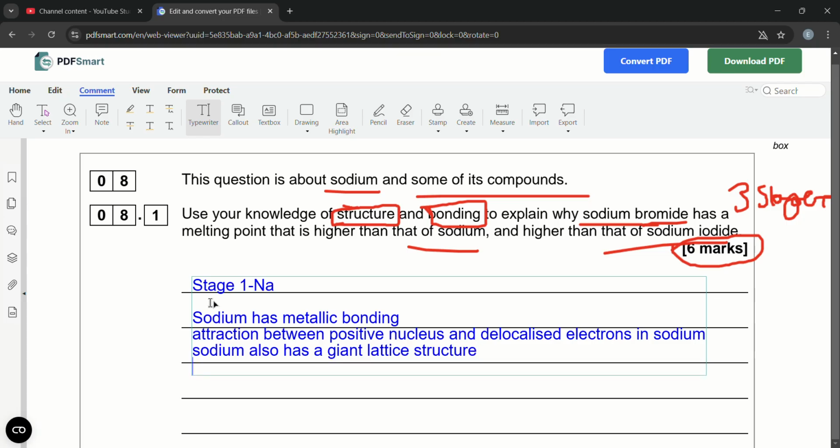So now NaBr, NaI. Well, we know there's stage 2, NaBr or NaI. We know there's ionic bonding in NaBr and NaI.